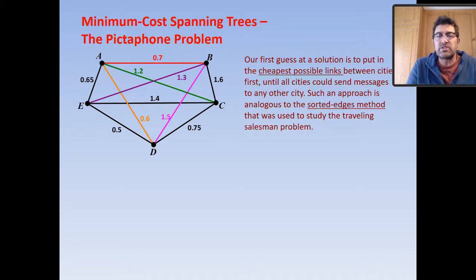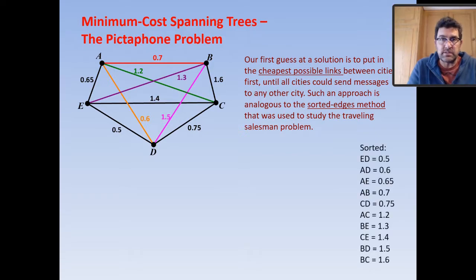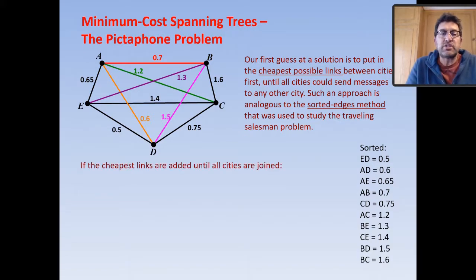Such an approach is analogous, as we've said, to the sorted edges algorithm that was used to study the traveling salesman's problem. So if we sort the edges from 0.5, the least cost, up to 1.6, the most expensive edge. If the cheapest links are added until all cities are joined, then we have used the first 5 edges.